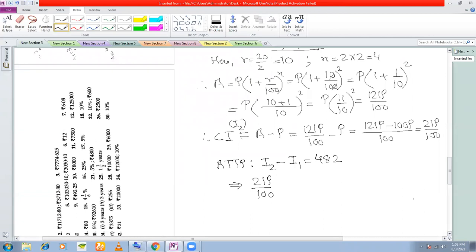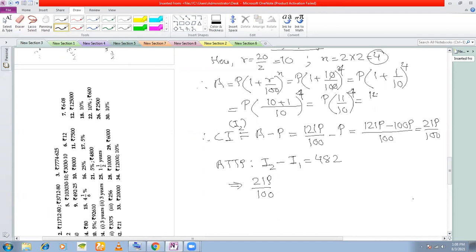Okay, this is to the power of 4, not to the power of 2. Because N is 4 here. So this becomes 11 by 10 to the power of 4. And 11 to the power of 4 is 121 into 121.